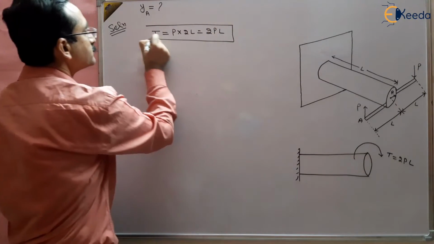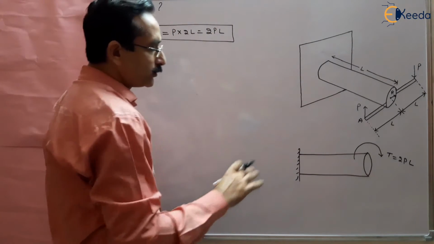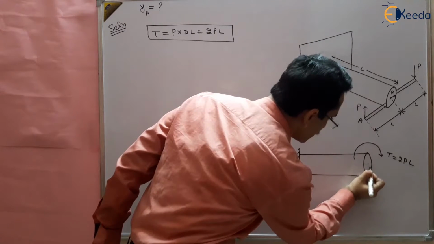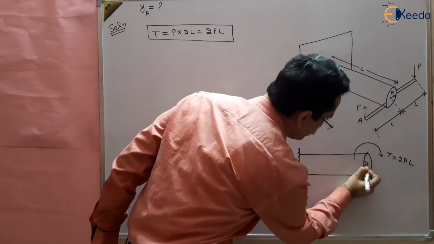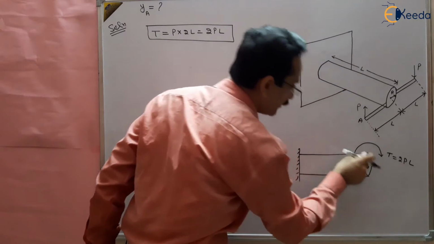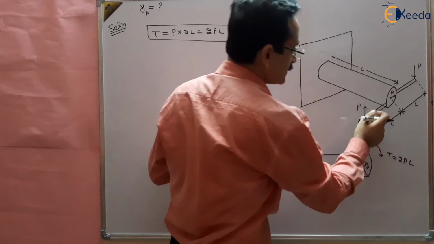Now due to this torque there is some angle of twist in the shaft, say theta.